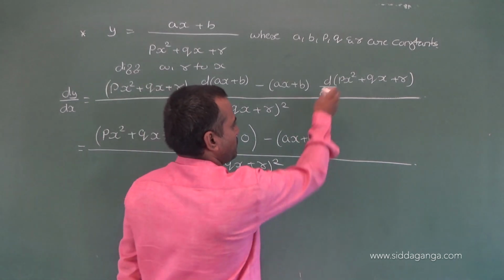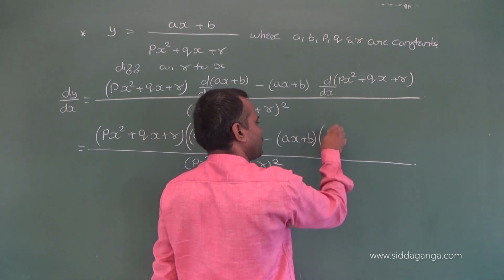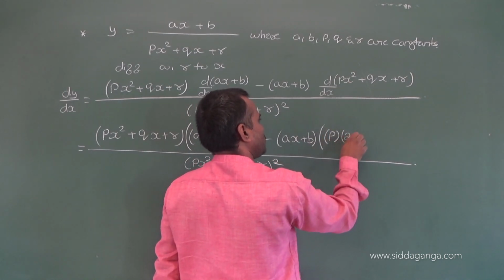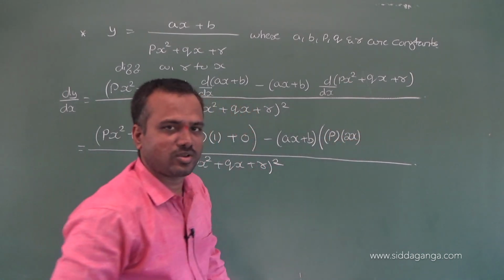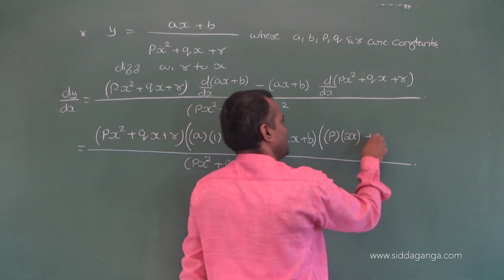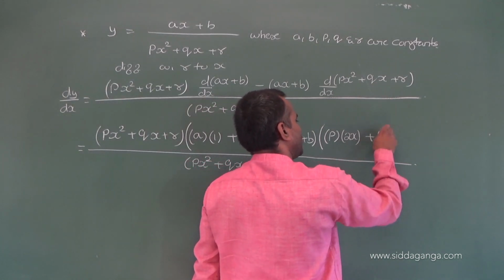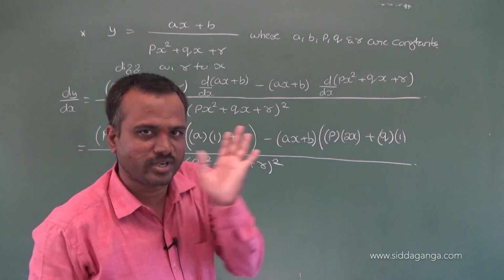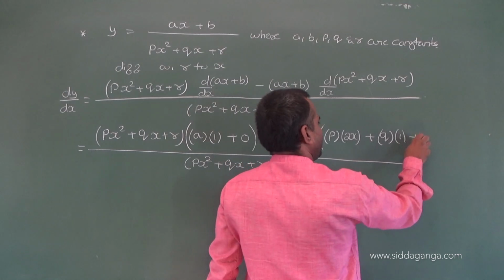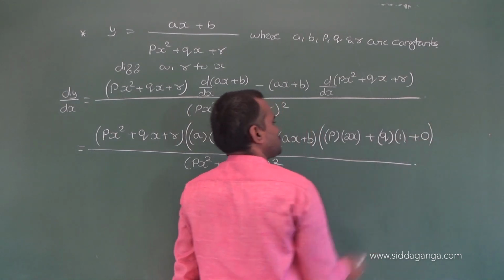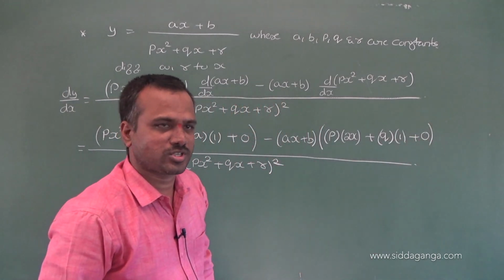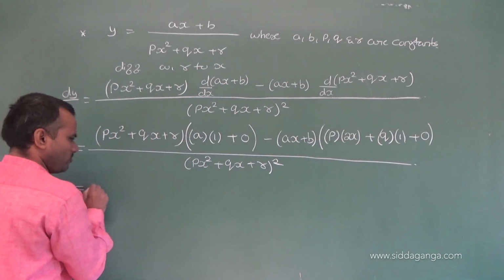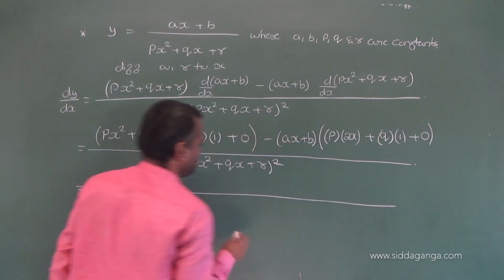Observe here, p constant, derivative of x square is 2x, constant into function, plus here also constant into function, q as it is, derivative of x is 1, again in the form of constant into function, plus derivative of r, only the constant, so derivative of r is what? 0.